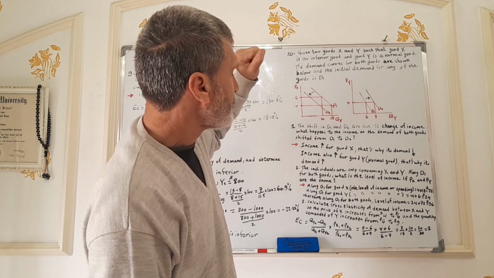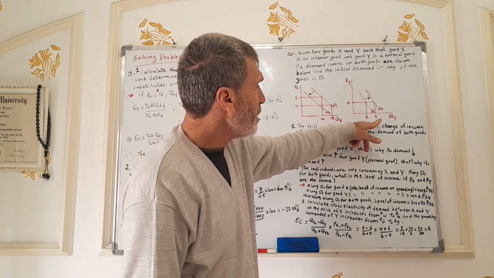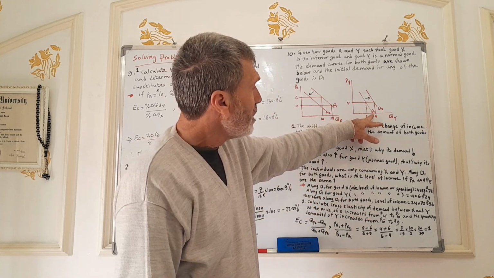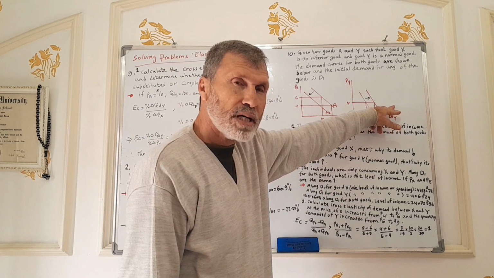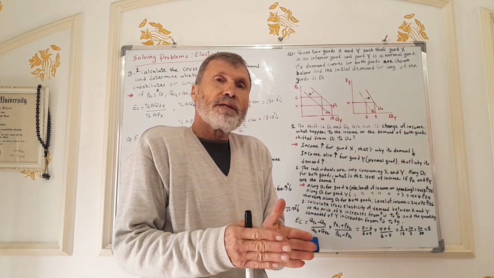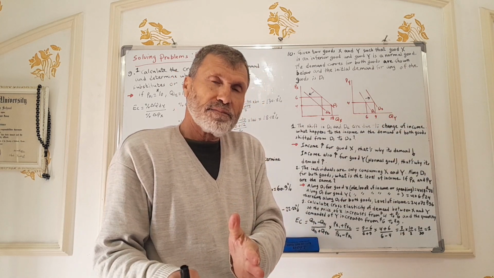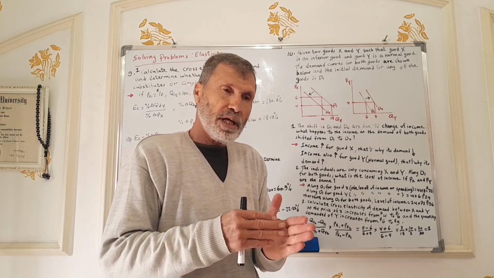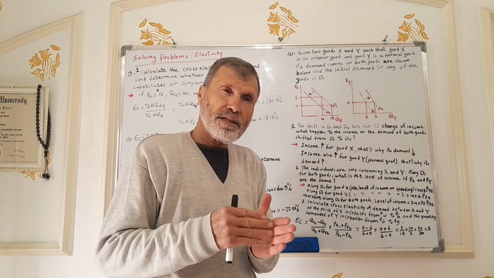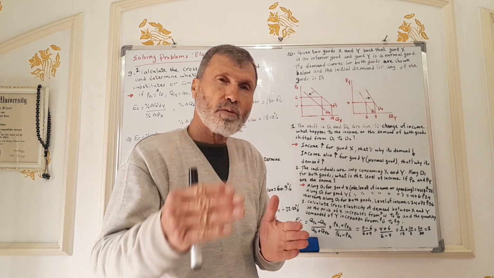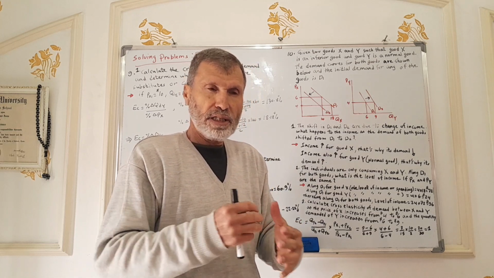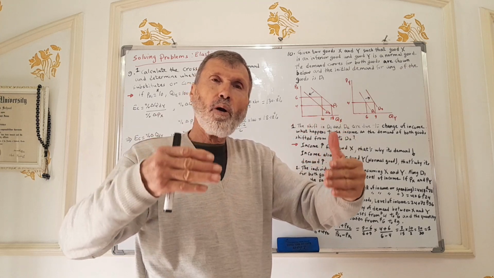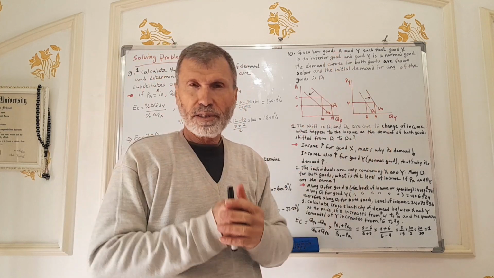Now, what about the case of good Y, which is a normal good? As you can see, D1 shifts to the right, which implies the quantity demanded of good Y increased. So this means that income has increased. When income increases, the demand for the normal good will increase. As your income increases, of course, you tend to purchase more of normal goods.